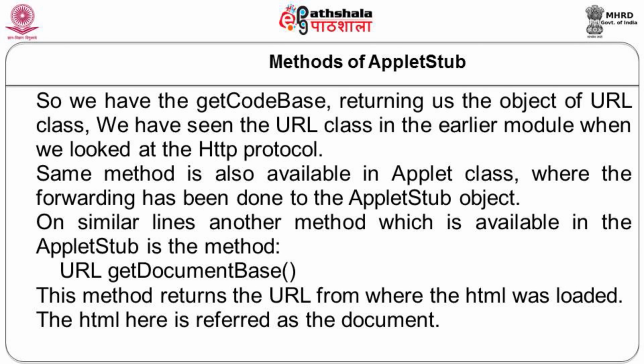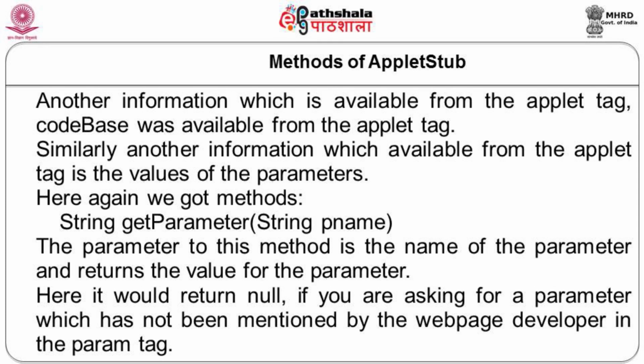So when we say document base, it's nothing but the place of the HTML file from the server. What is the URL of that HTML? That is what getDocumentBase gives. Fine. So getCodeBase, getDocumentBase. Another information which is available from the applet tag. Fine, code base was available from applet tag.